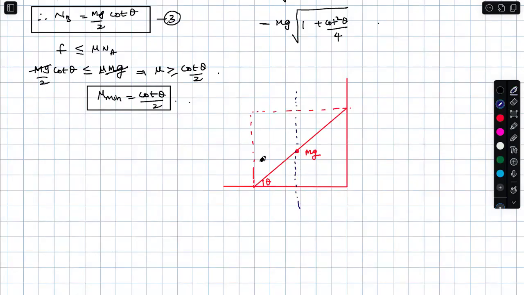You know what happens? The resultant of these two forces, normal reaction at A and friction, the resultant of these two will now pass through this point. And let this be point P.